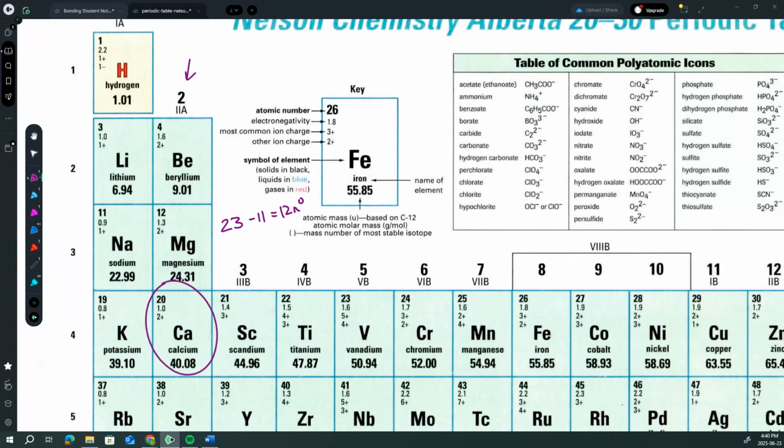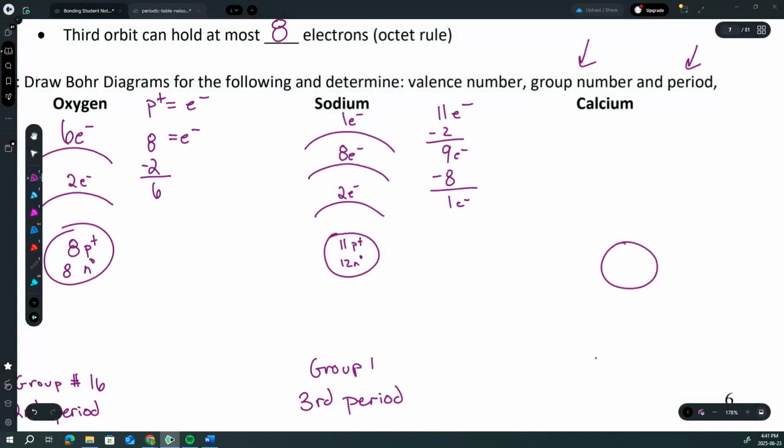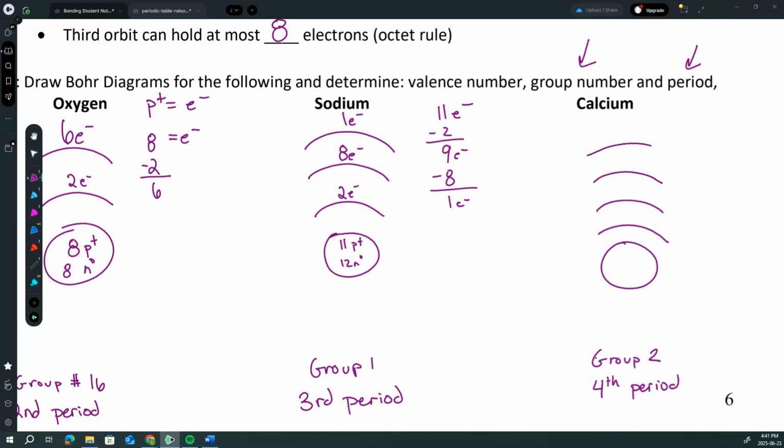It's in group 2 and in the 4th period. So group 2 means I can expect 2 valence electrons, and 4th period means I should be drawing 4 shells, or orbits. 1, 2, 3, 4.